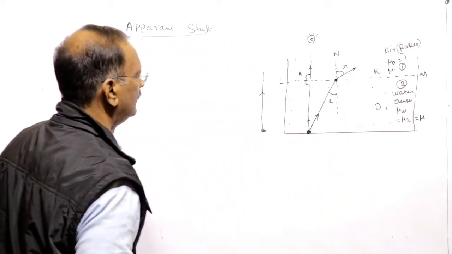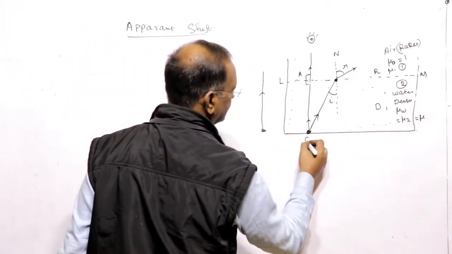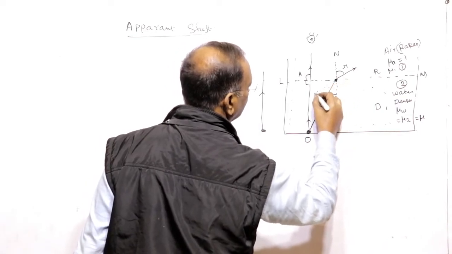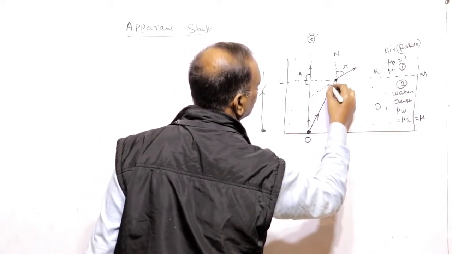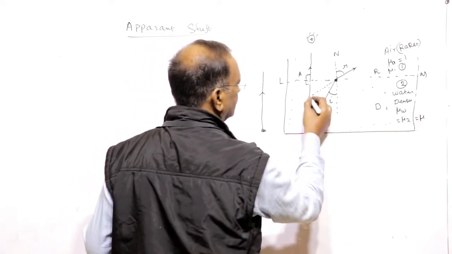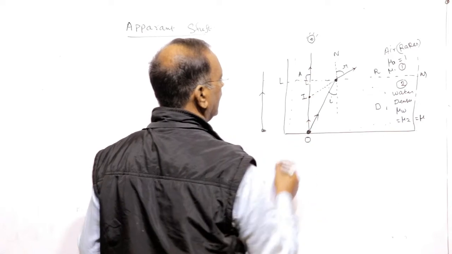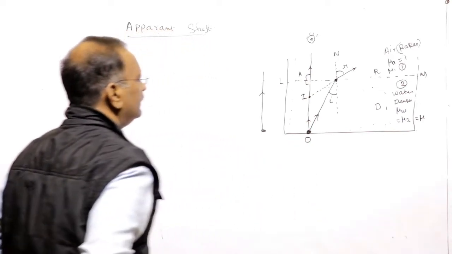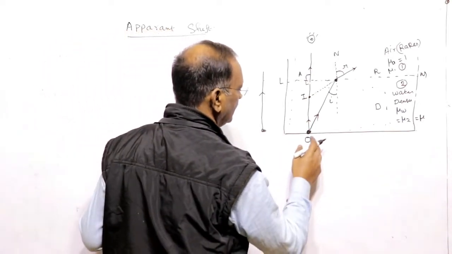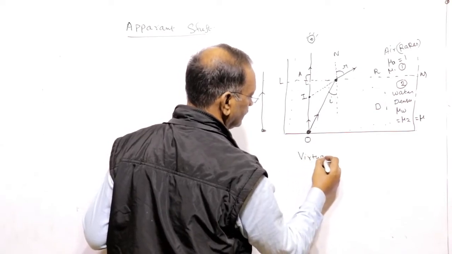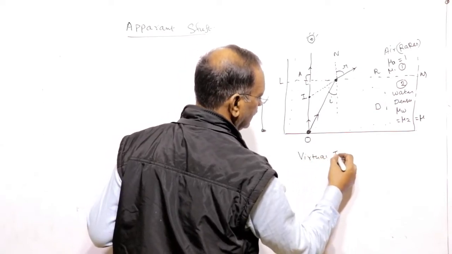Okay, now what about this angle? We say this is the object. When we extend this ray backward, the point intersecting OA at I is the virtual image. I is the virtual image of this object. Why is it a virtual image?